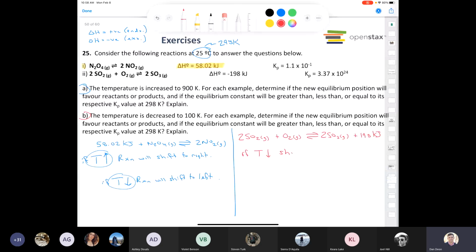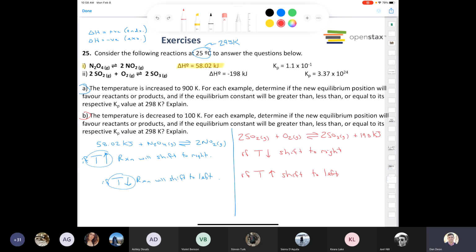And then if the temperature is increased, it's going to shift to the left, right? Because I'm raising it up, so it has to go in this direction to make it up. And that's it. There you go. Le Chatelier's principle with respect to temperature.